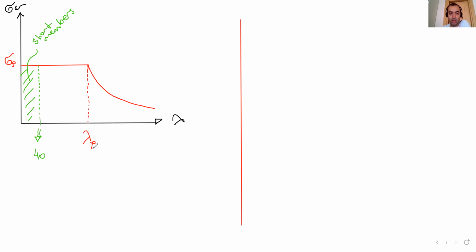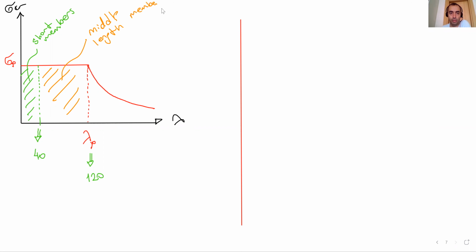And our limit lambda should be around 120. It may change. For example, it may be 110, 100, but it's around 120. This portion is for middle members.